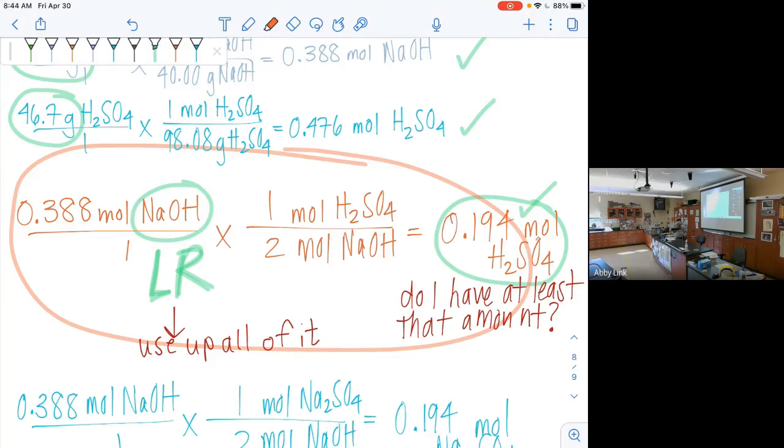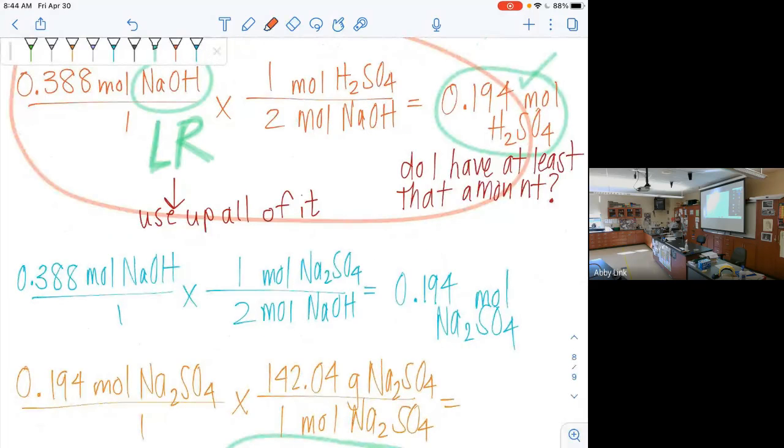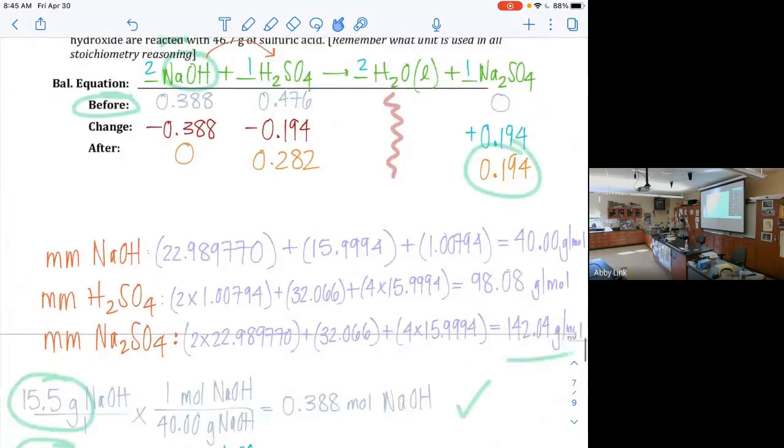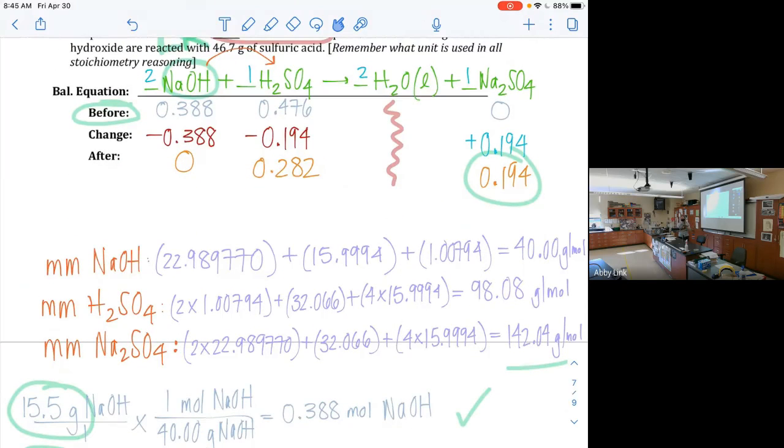And this calculation, where we go from moles of the limiting reactant to moles of the product, is the same idea. We're figuring out how much product I will produce based on the mole ratios. So, more concisely: anything that you calculate using a mole ratio goes in the change row in the BCA table.